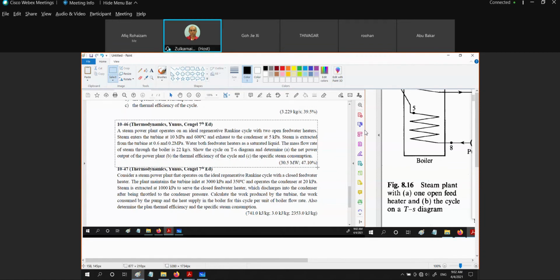This is involving the open feed water heater.